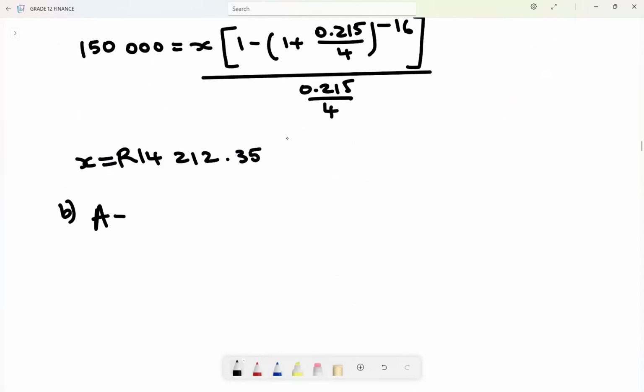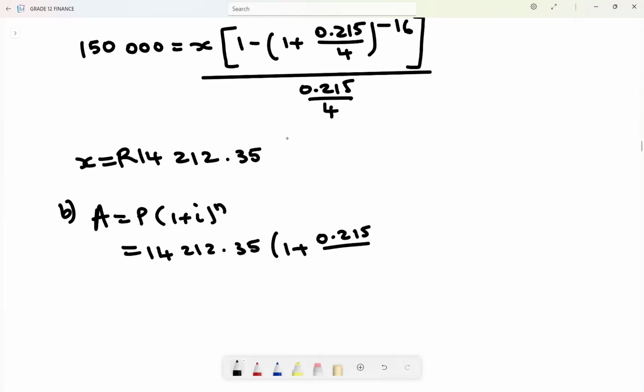So we're going to say A is equal to P into 1 plus i to the power of n. We want to see how much this amount is going to be if he pays it at that interest, to the power of 16. Just remember it is 16 payments. So when I punch my calculator, it gives me 1 plus 0.15, hopefully I did not make any mistake with the 0, to the power of 16.